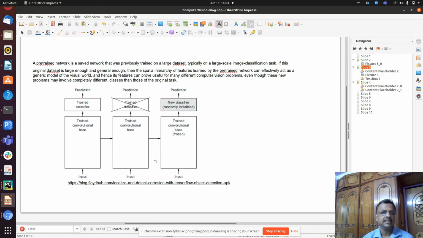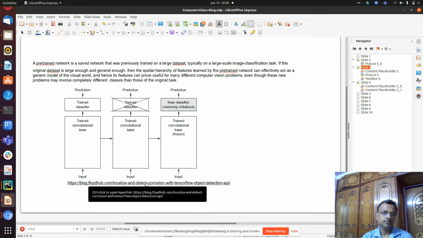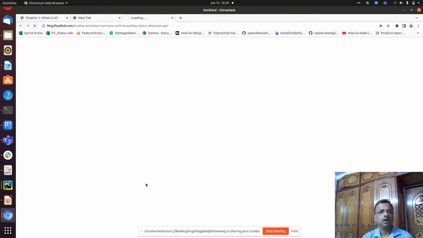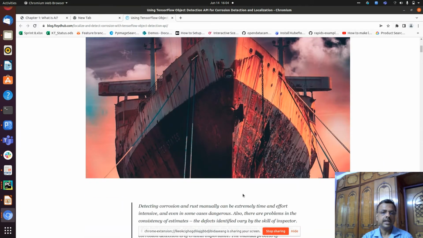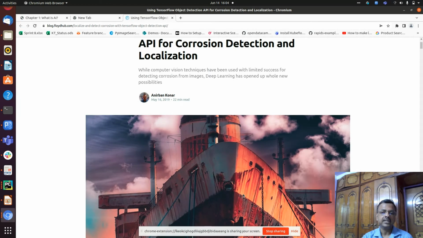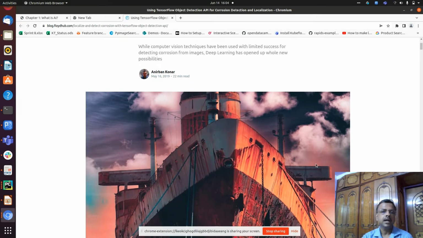There are multiple ways in which transfer learning can be done, and I have explained it in one of my blogs on corrosion detection, where I used transfer learning to detect corrosion on images. I used VGG16, used the convolutional base, and only trained the final fully connected layers for the problem at hand.